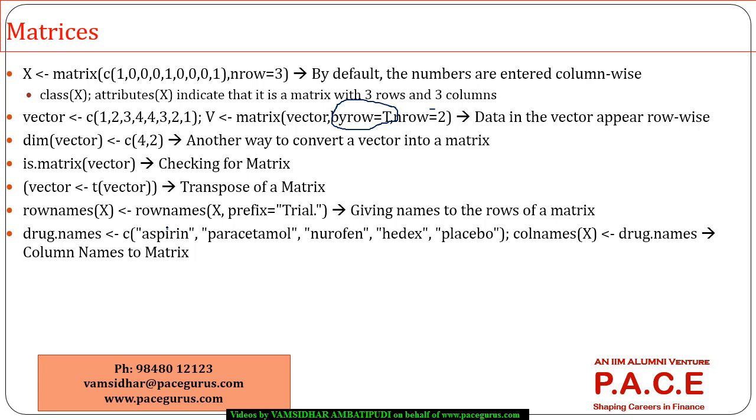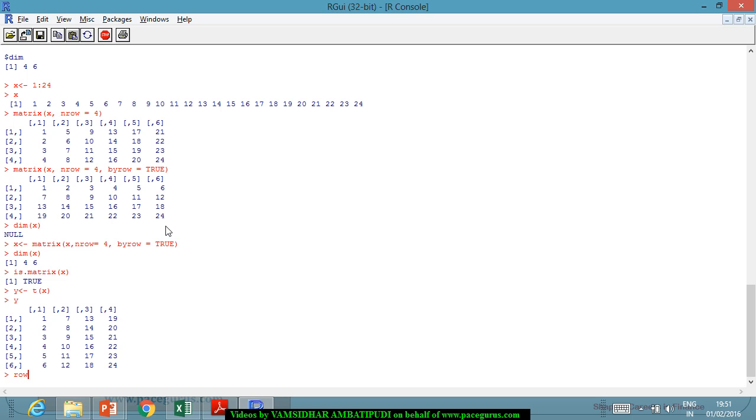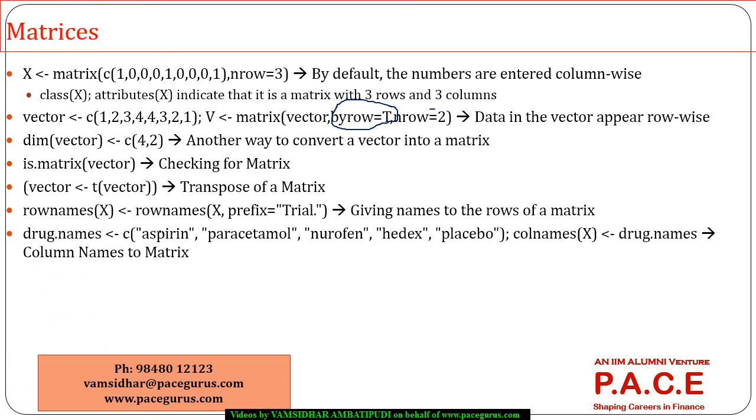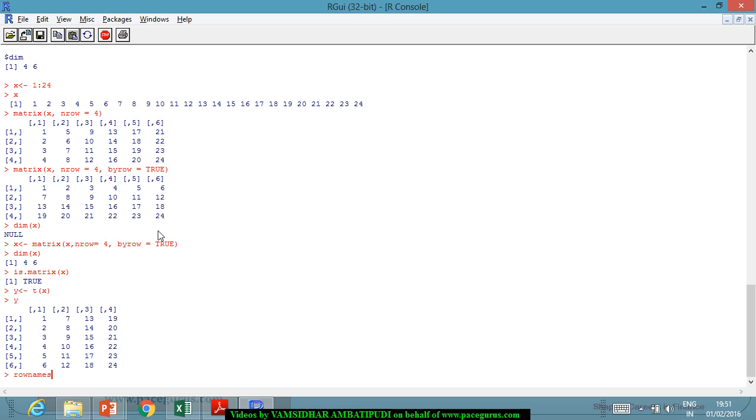And if I want to give some kind of names, I can very well give names to the rows. So let me give row names to X. Instead of 1, 2, 3, 4, 5, 6, if I want to give some names, let me give them A, B, C, because there are 6 rows.